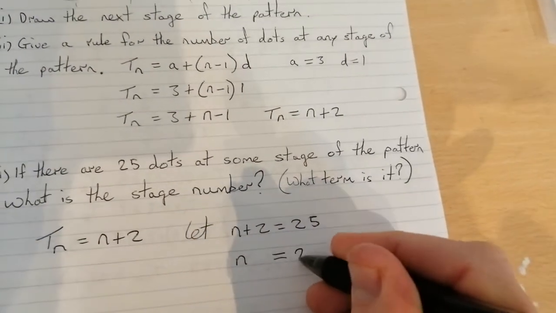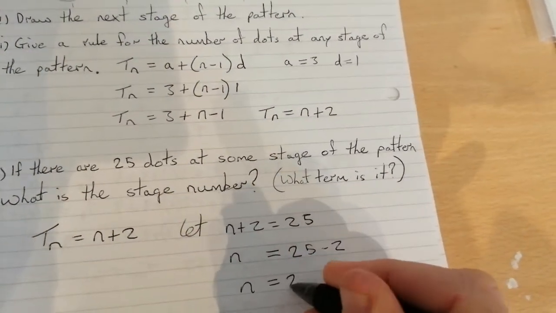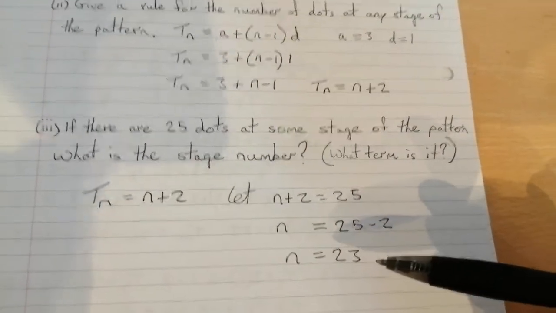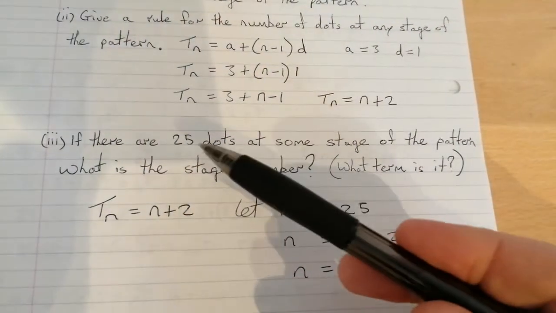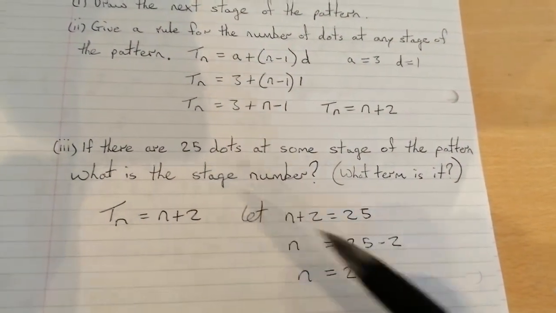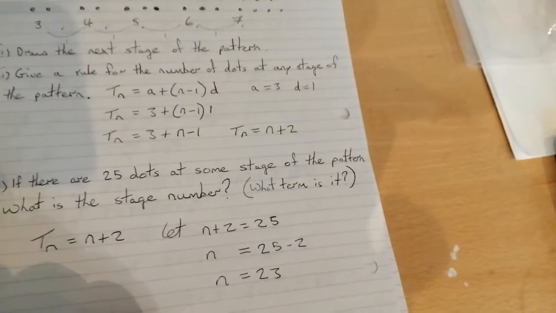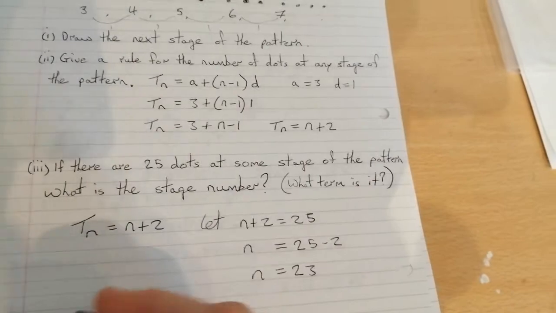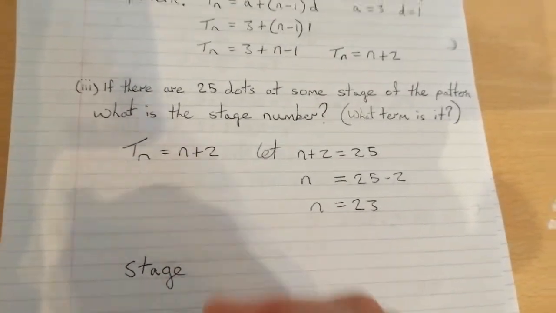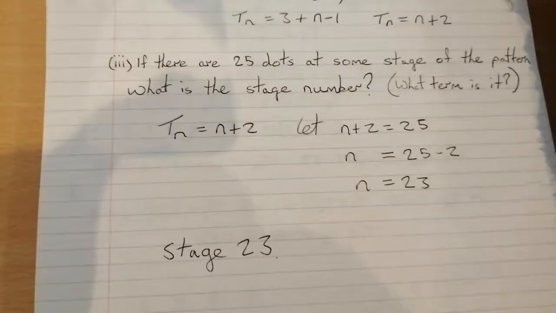N is equal to, bring the 2 across to the other side, it becomes a minus 2. N is equal to 23. So if you like, in the words we used yesterday, term 23 will have 25 dots, or stage 23 will have 25 dots in it. So your answer, since they ask what is the stage number, we'll call it stage 23. Okay, so that's it for that.